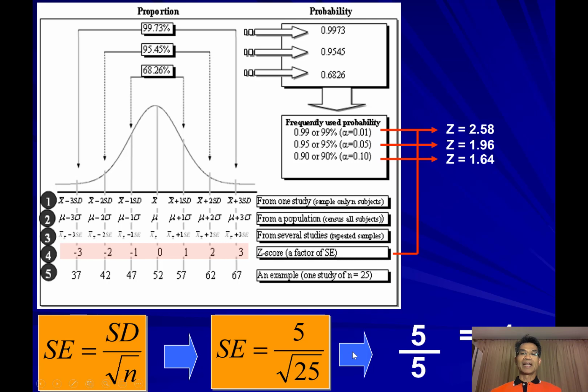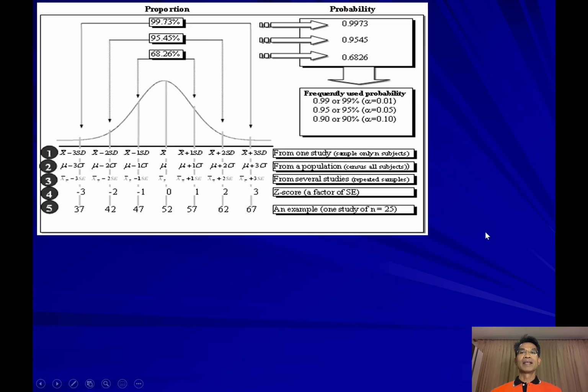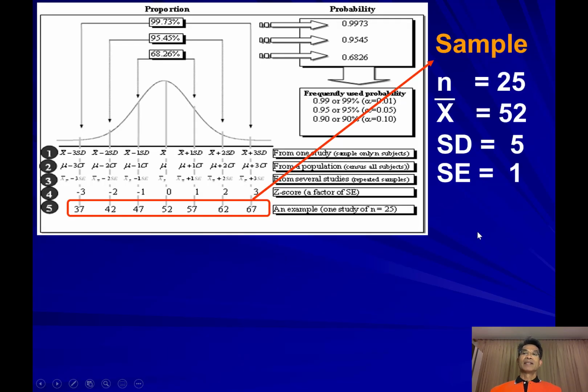So it is equal to 1, because 5 as the standard deviation divided by the square root of n, which is 25. So now we already have the two parameters from one study with a sample size of 25.